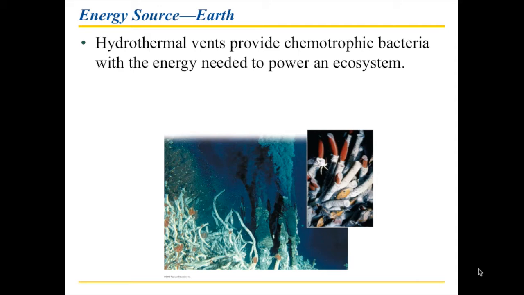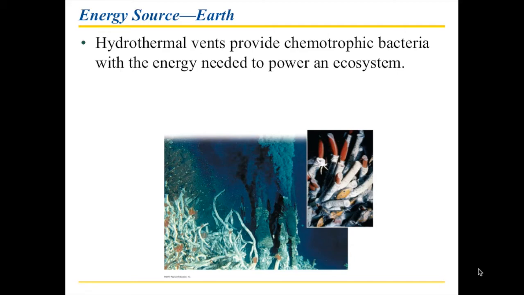So volcanoes are not really a very good source of earth heat, but hydrothermal vents deep down in the oceans, they can be. And in fact, they don't only produce warmth where there normally isn't much warmth, but they also provide certain types of bacteria with chemicals that they can actually convert even in the absence of sunlight.